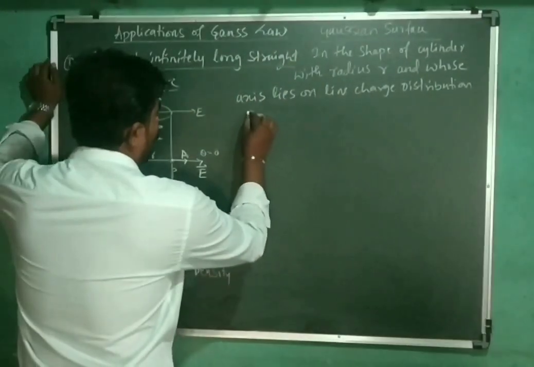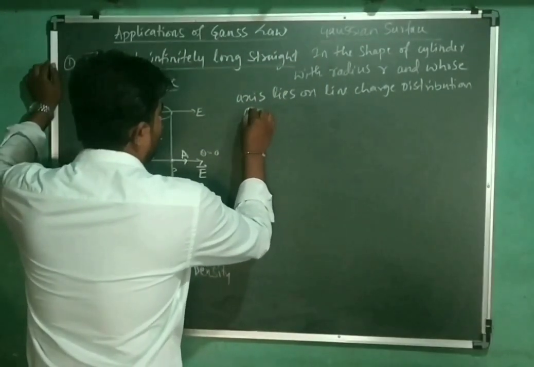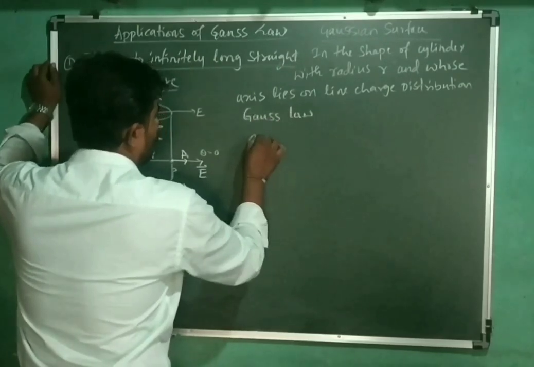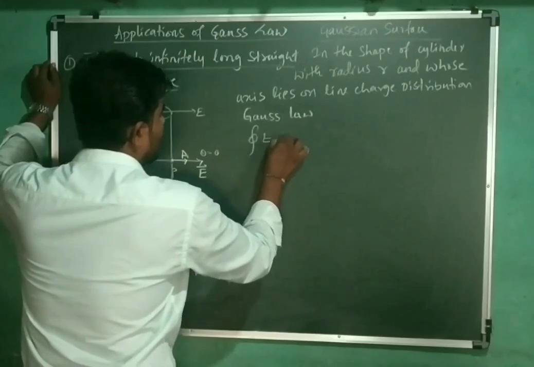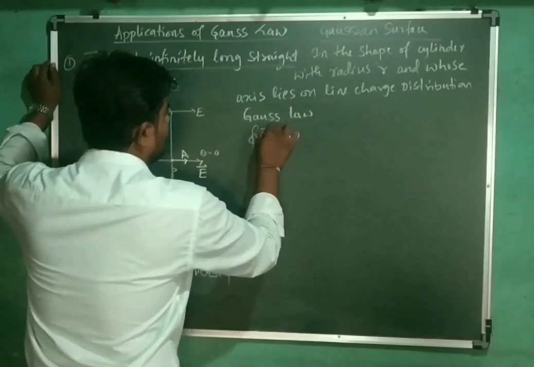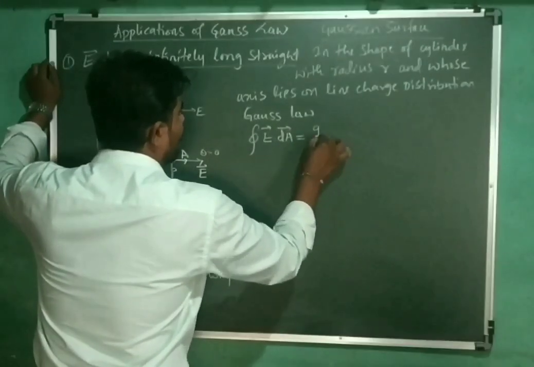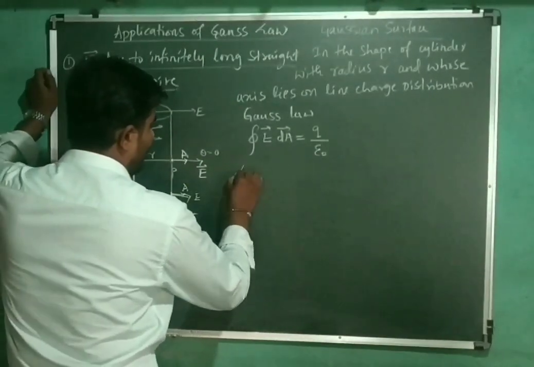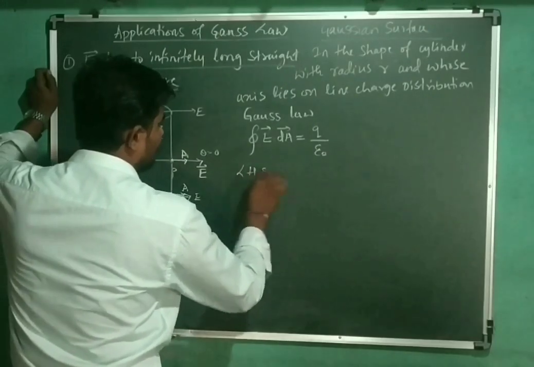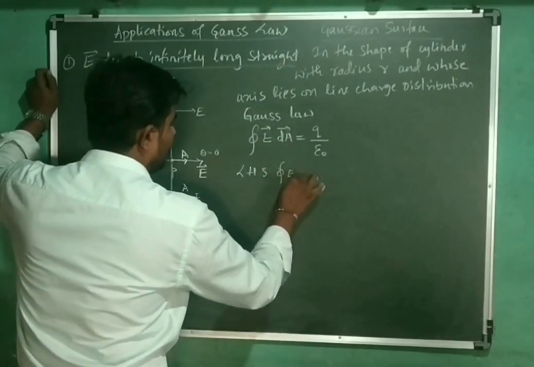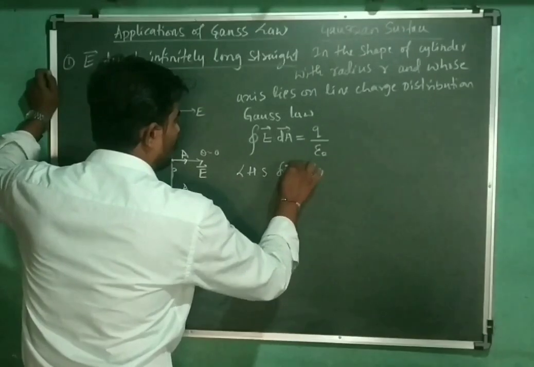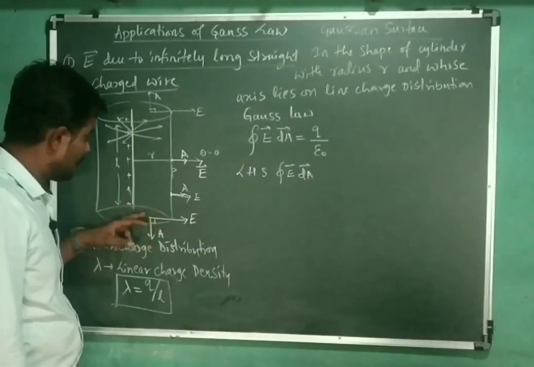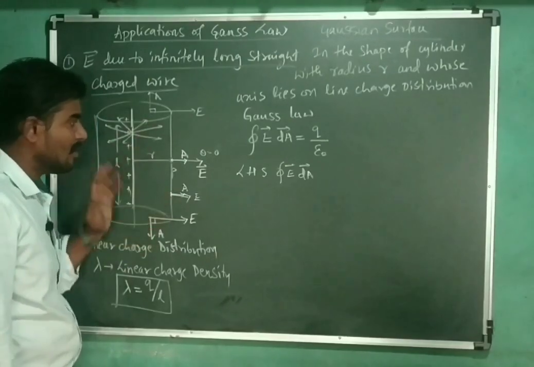Now, according to Gauss law, closed integral E dA is equal to Q divided by epsilon naught. This is the Gauss law. First, we shall consider the LHS part. The closed integral E dA is equal to, the cylinder consists of three surfaces actually, two planes and one curved.